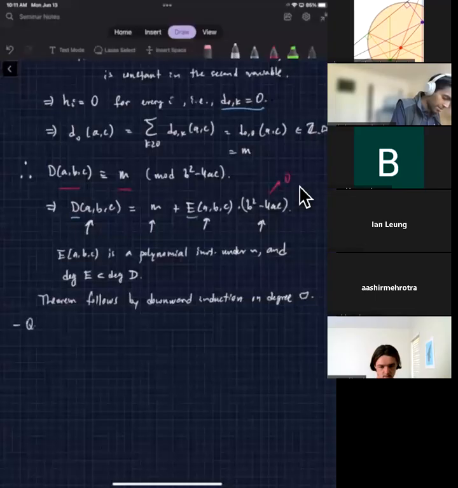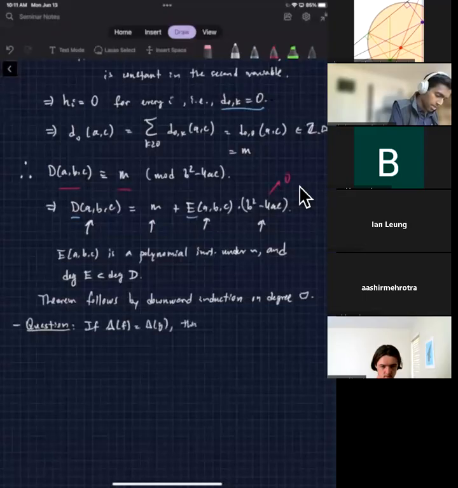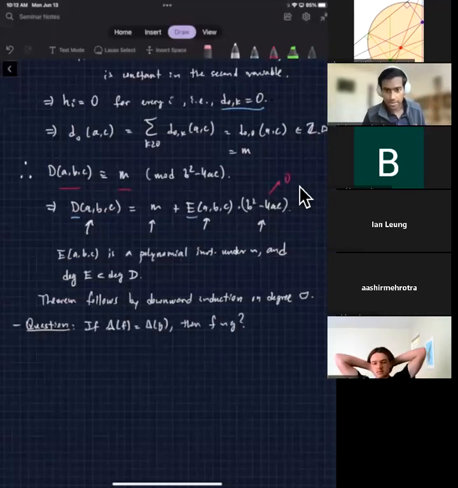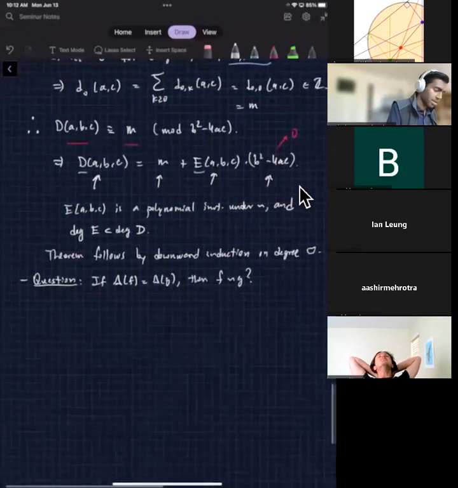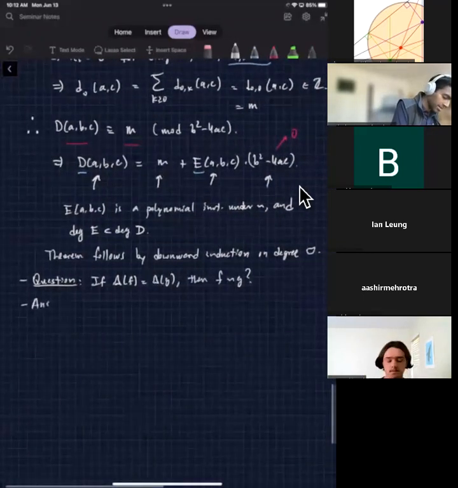Now you could ask the following question. If the discriminant of f equals the discriminant of g, then is it true that f is equivalent to g? We know that the converse is true: if f is equivalent to g, then the discriminants are equal. But the answer to this question is absolutely not.